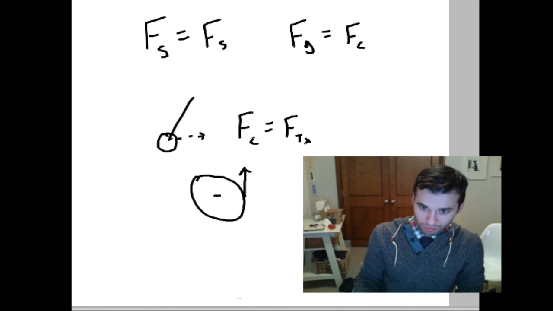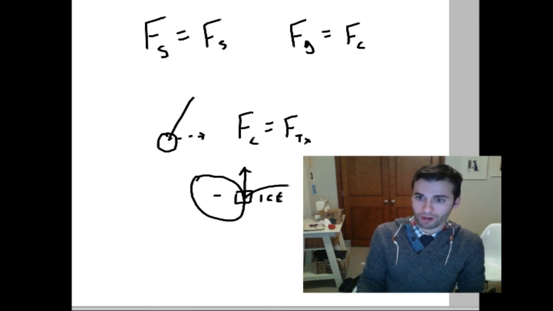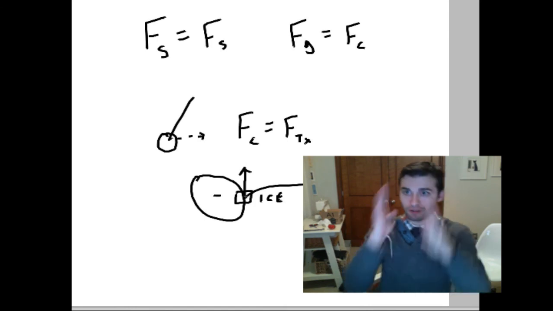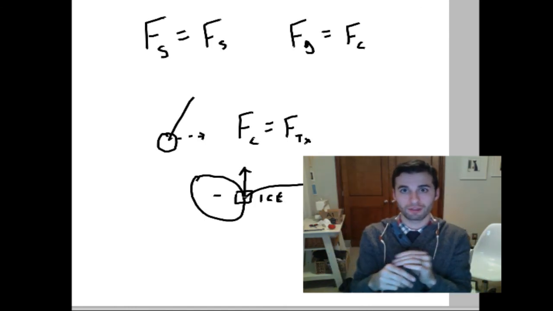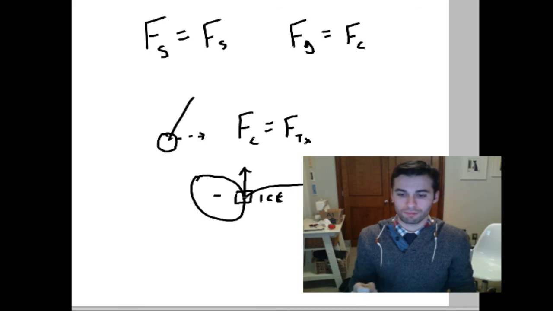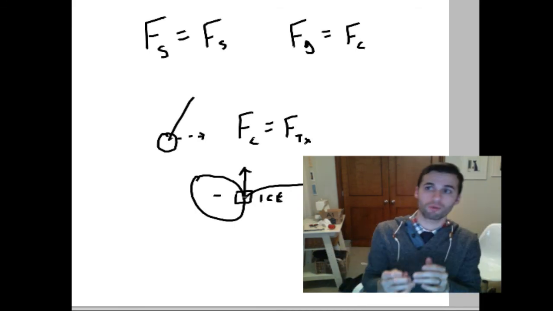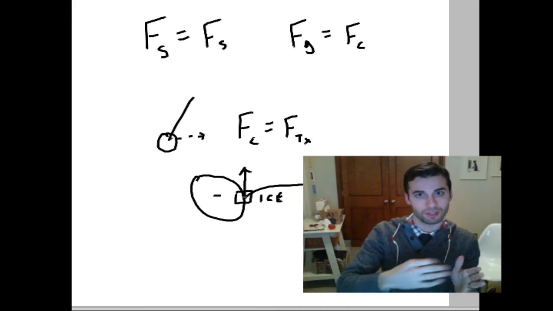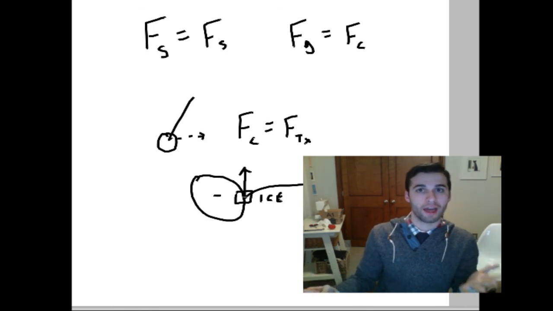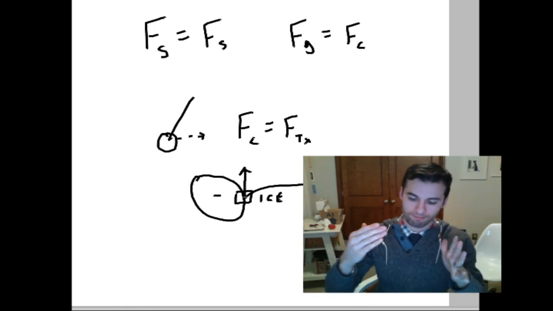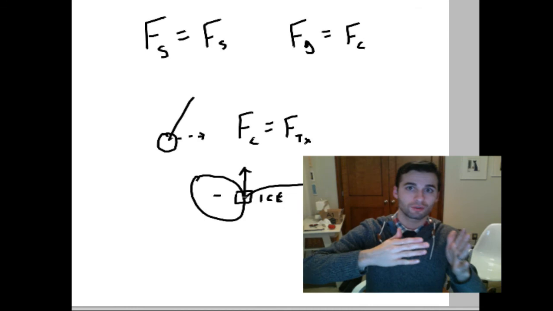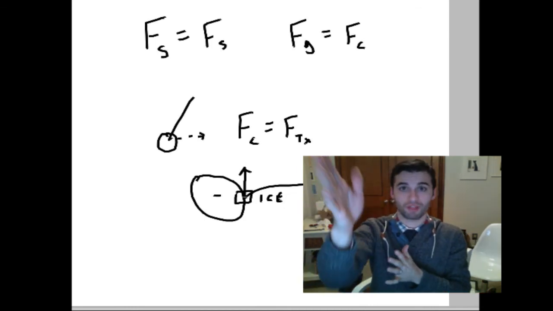If you're dealing with a car on a track and it encounters, say, an ice patch, it won't skid out in some weird direction. It will skid tangent to the path. That's because you've lost that force directed towards the center, which means you no longer have that acceleration directed towards the center. You just fly out straight.